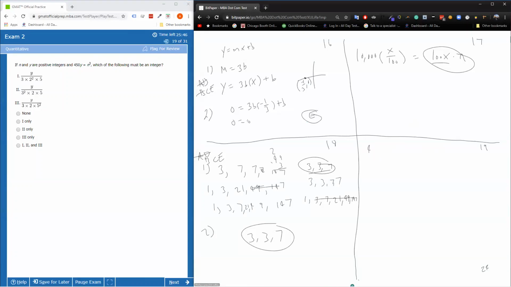So 450, if I break it down, is 2 times 3 squared times 5 squared.